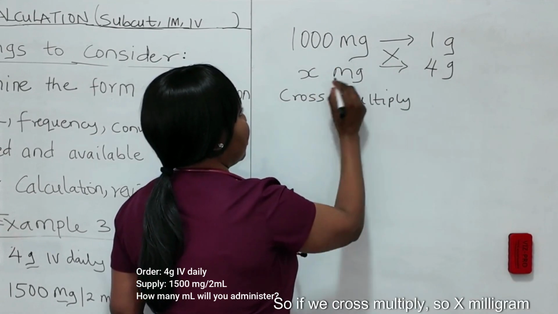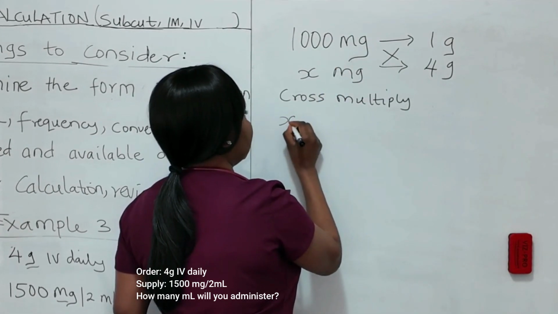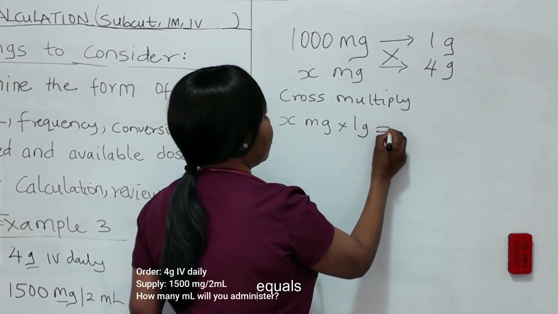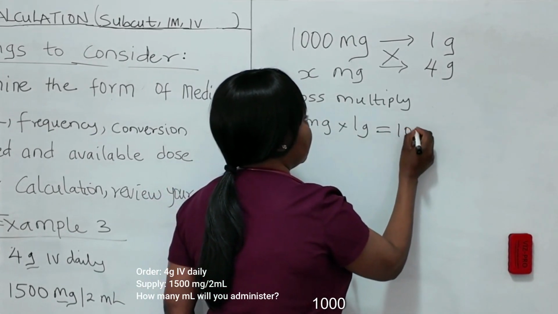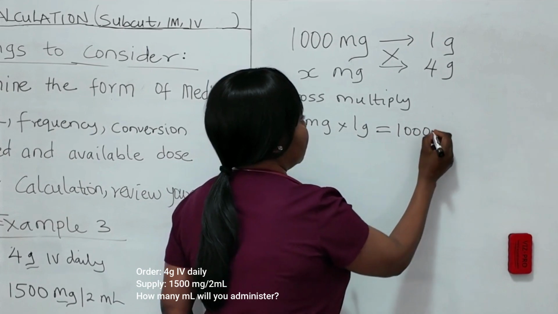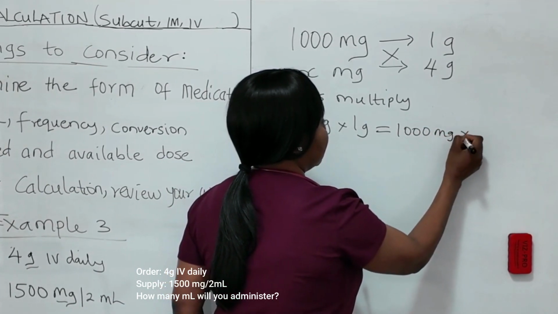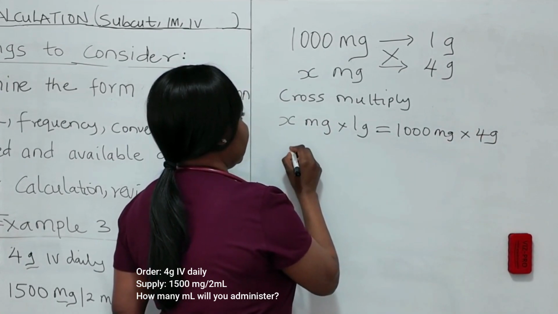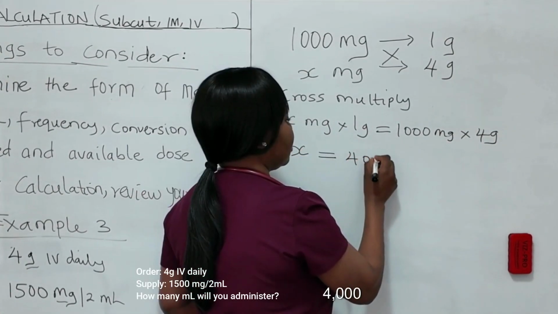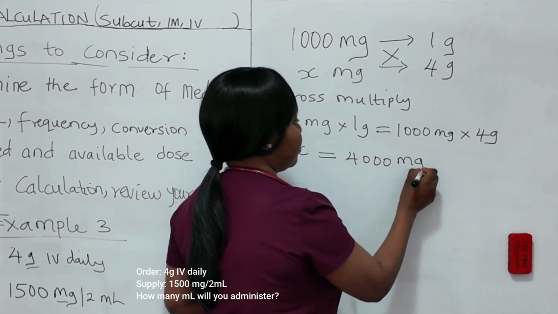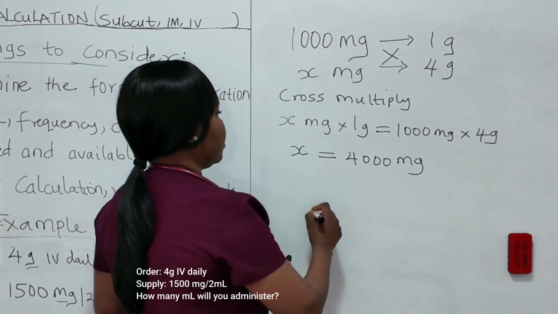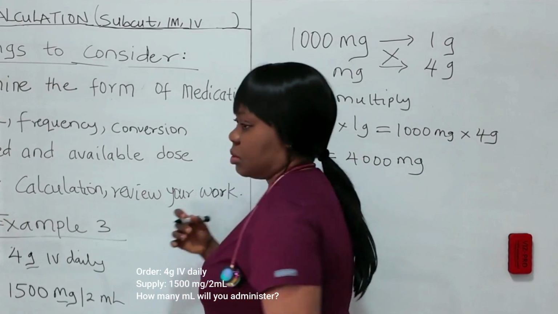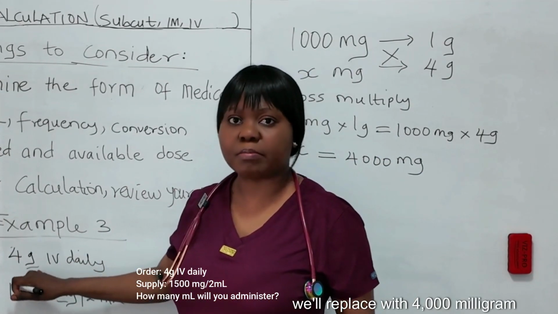So if we cross multiply, X milligram times 1 gram equals 1,000 milligram times 4 gram. So X is 4,000 milligram. So meaning anywhere we see 4 gram now, we'll replace with 4,000 milligram.